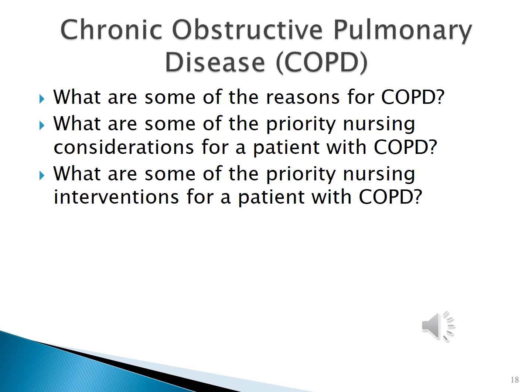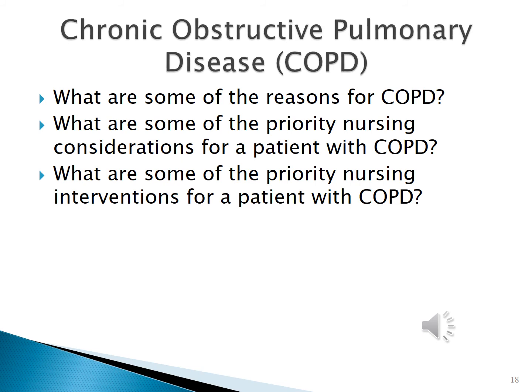So what are some of the priority nursing considerations for a patient with COPD? Based on the video that you just watched on the previous slide, you know that these patients can get fatigued. It just takes them twice as long to do things that someone without COPD does: walking up and down stairs, getting ready, making food, eating, all of those things.